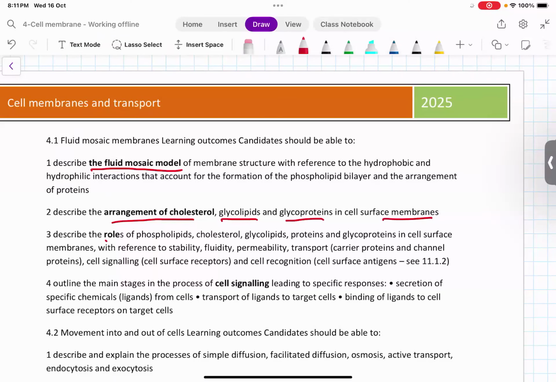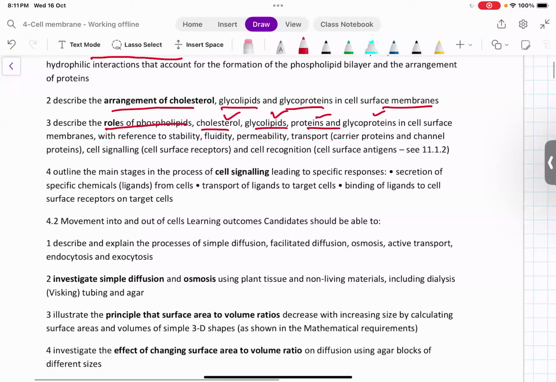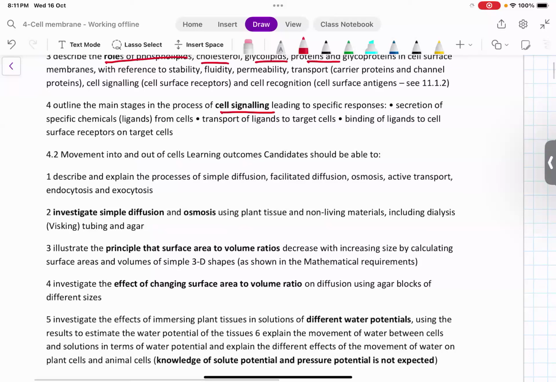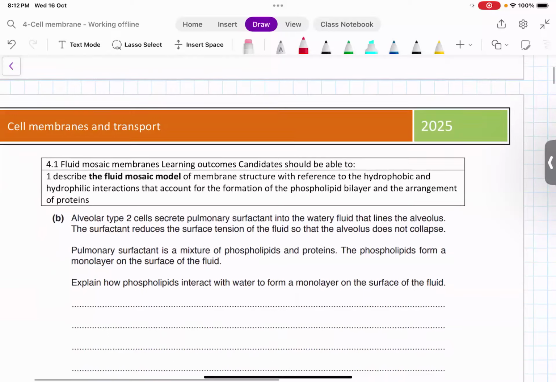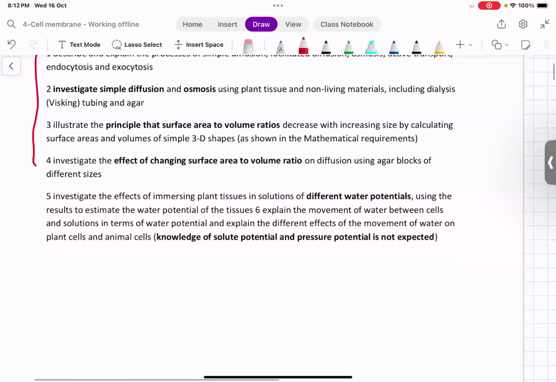We will also discuss the role of phospholipids and these different components that we have: cholesterol, glycolipids, proteins, glycoproteins in the cell surface membrane. In the next topic, we'll discuss cell signaling, and we have transport across the cell surface membrane that includes diffusion, osmosis, facilitated diffusion, active transport, and then we have bulk transport that includes endocytosis and exocytosis, and we'll discuss some experiments on these topics as well.